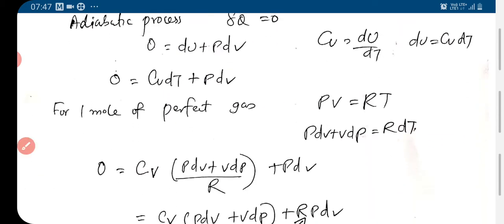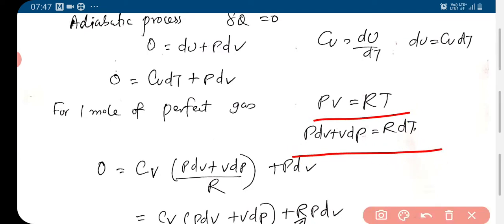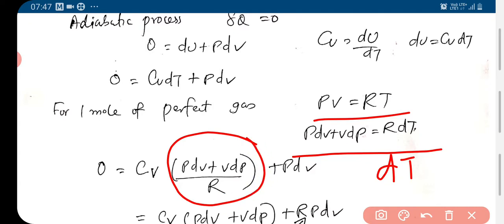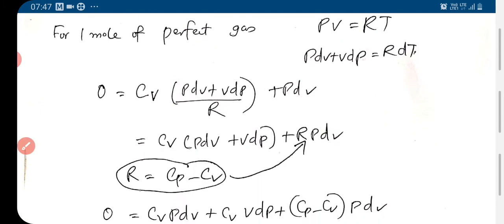Pv is RT, and taking the differential, P dV plus V dP equals R dT. So dT is P dV plus V dP by R, which we substitute.